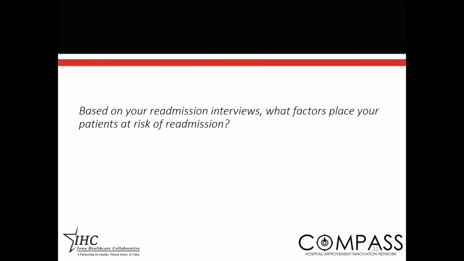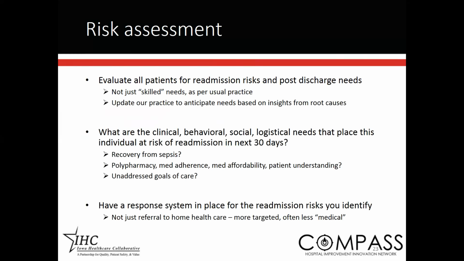Next slide. So as we move into risk assessment, what we're really looking for is an expansion on what I know we all kind of think we do every day, which is look for readmission risks and post-discharge needs. But this is a little bit broader than that. It's close, but it's just a little bit broader.